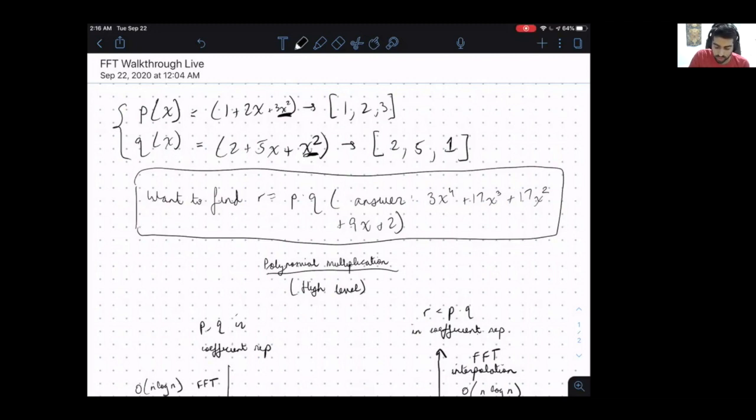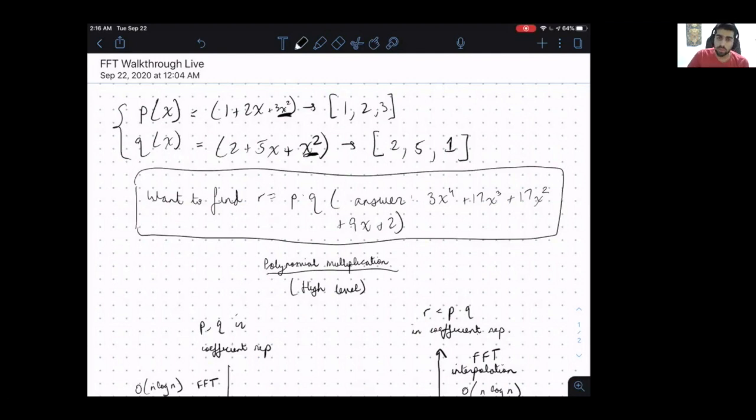So we'll write it as this vector 1, 2, 3. And we have q of x, which is 2 plus 5x plus x squared. Similarly, we can write it in coefficient notation as the vector 2, 5, 1. The vector is arranged in ascending order of the degree of the corresponding term.